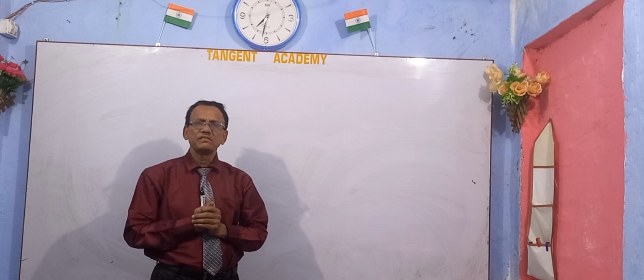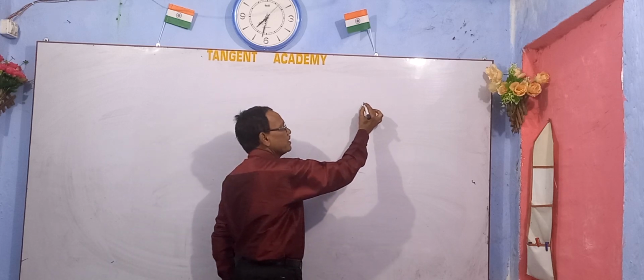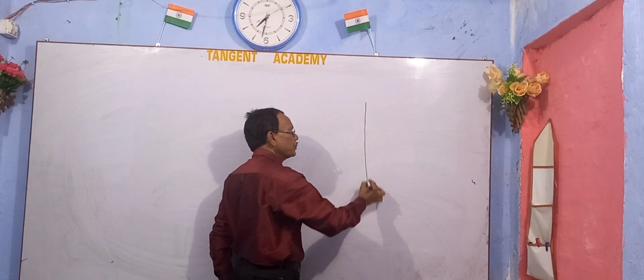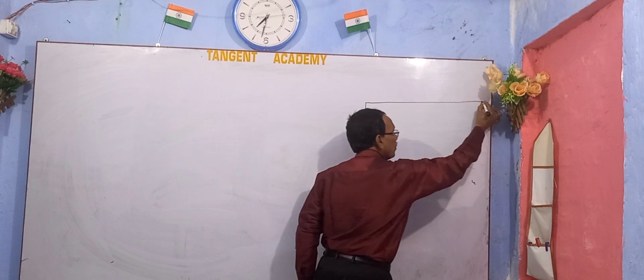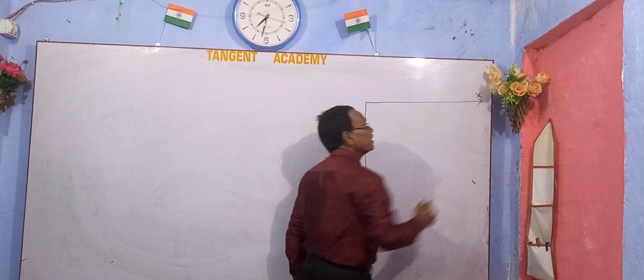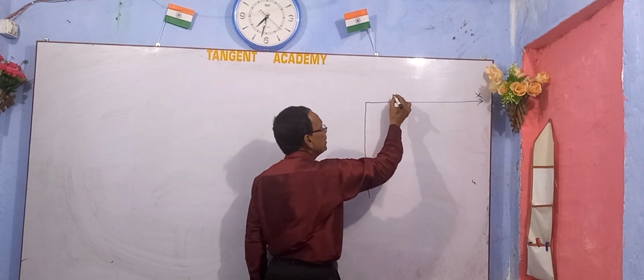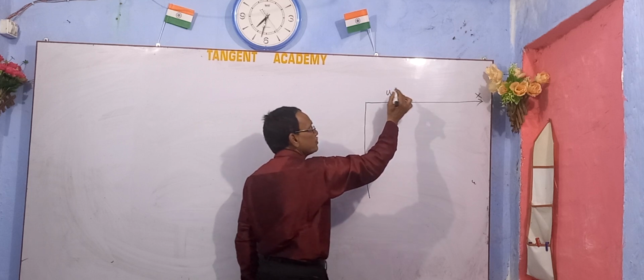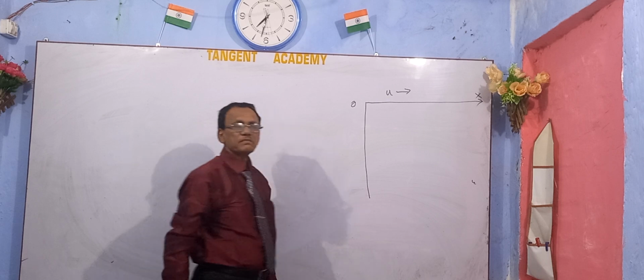Let us draw the picture to help you understand. Let a body be thrown horizontally, that is along the x-axis, with initial velocity u. Let us consider this as the origin.